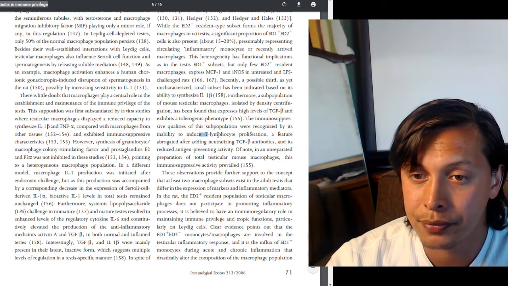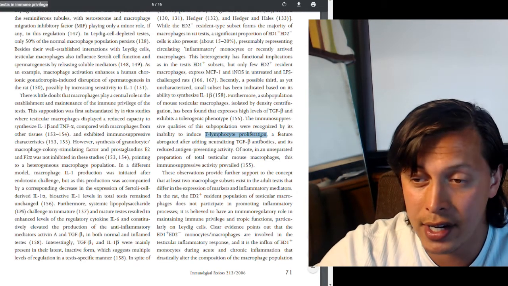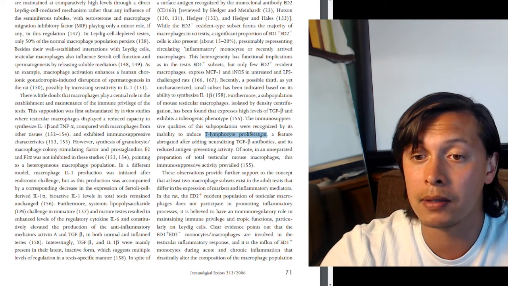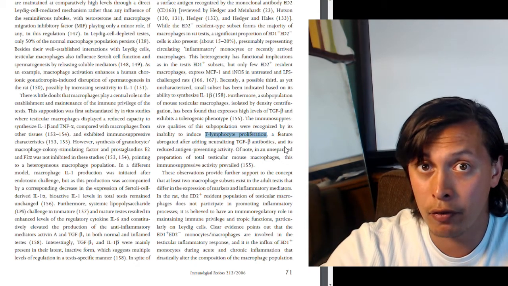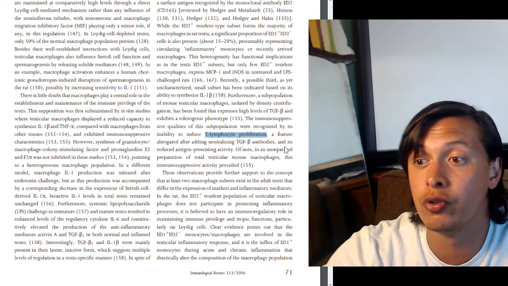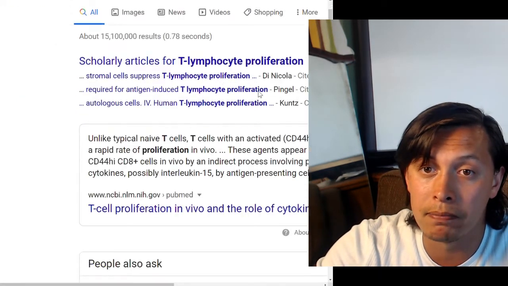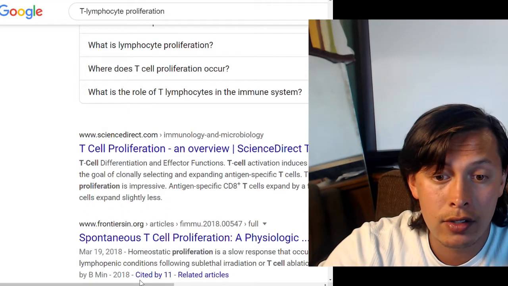So T lymphocyte proliferation would be when the T lymphocytes, which are a different type of immune cell, get a signal in an area to proliferate. That means that they are charged to attack whatever's in the area, and so they're duplicating in order to fight whatever infection is in that area.